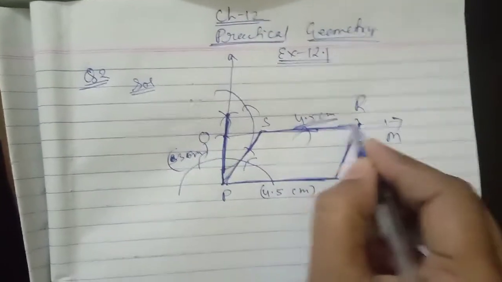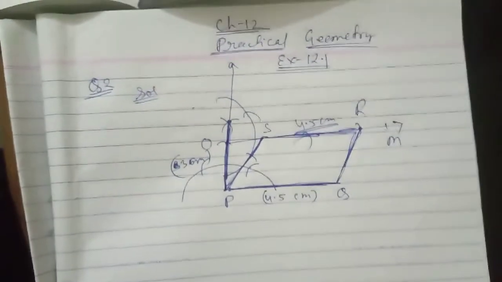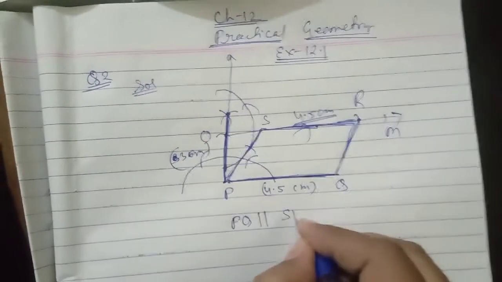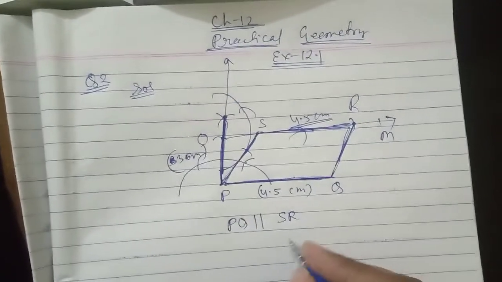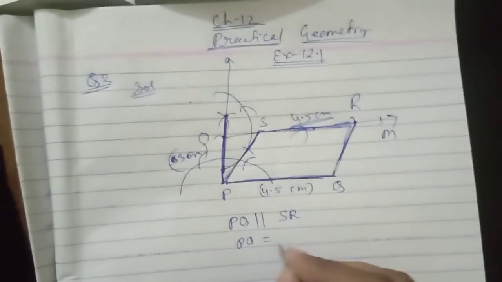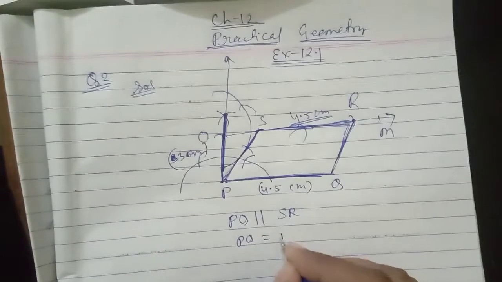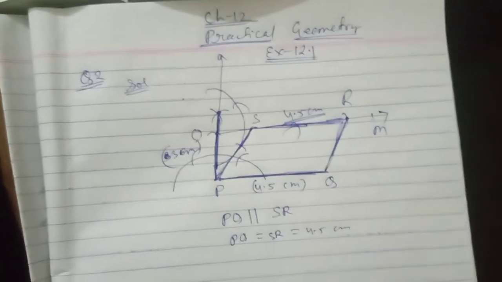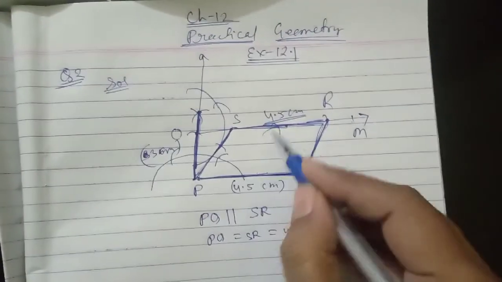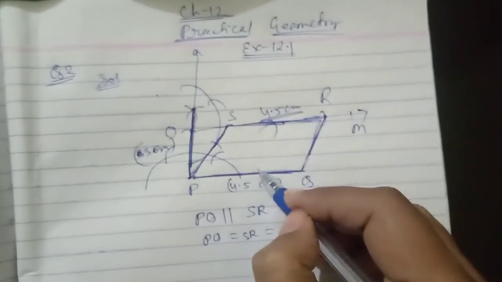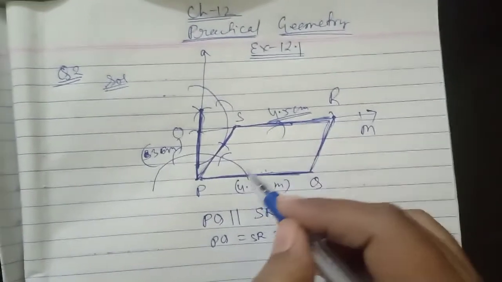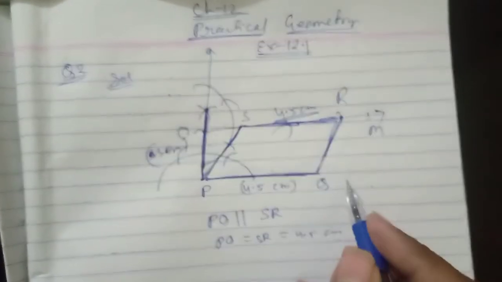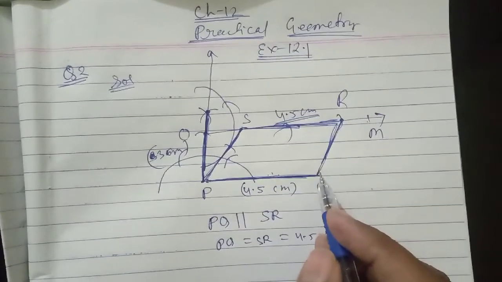So you can see here PQ is parallel to SR and PQ is equal to SR, equal to 4.5 centimeter. So this pair of opposite lines are equal and parallel. In the same way this part and this part will also be equal.